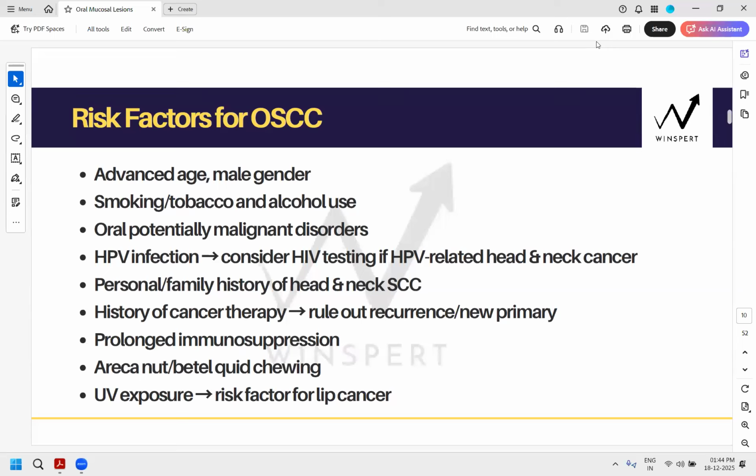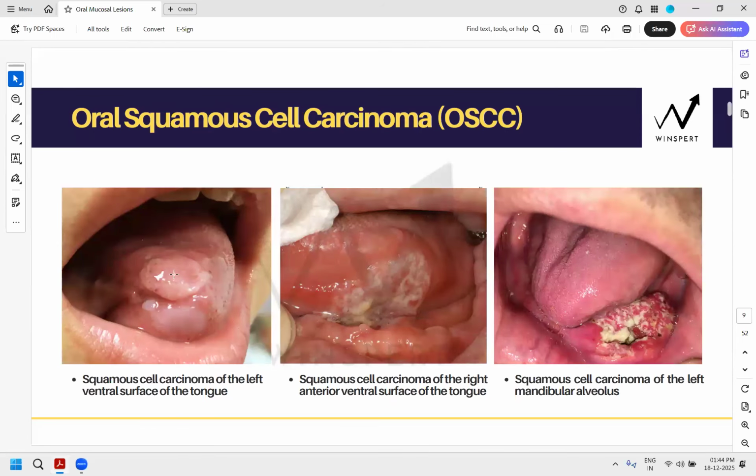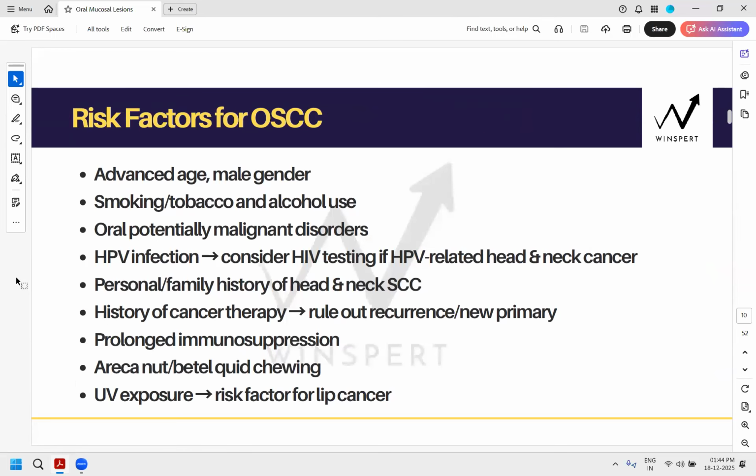So now tell me, if in exam you get a picture which is not so evident, like these three pictures are clearly oral cancers because of the indurated margins and all that, but this first picture is not so evident. Yes, it has a verrucous appearance, the margins are indurated for sure, but there can be even simpler looking pictures. But in the history, there can be associated risk factors like male gender, advanced age, smoking or tobacco use, oral potentially malignant disorder like leukoplakia.